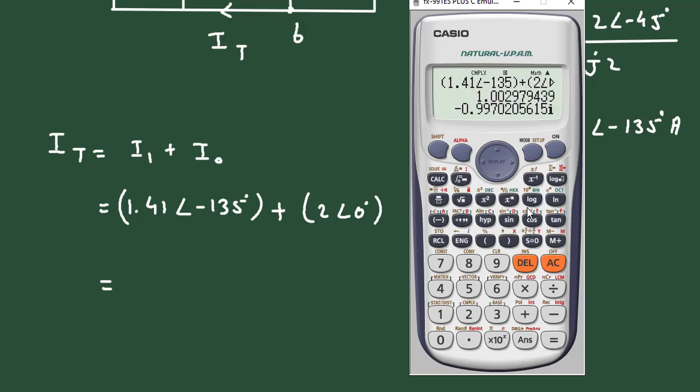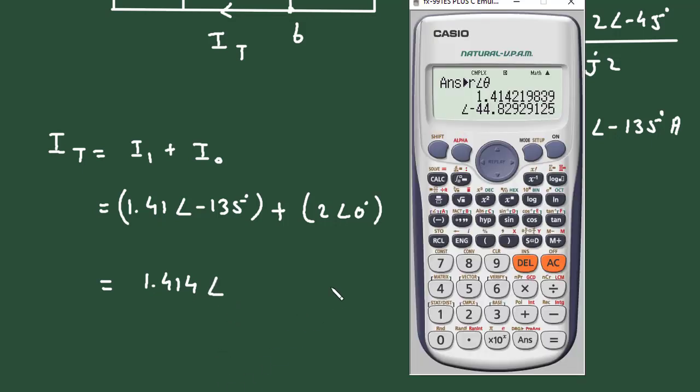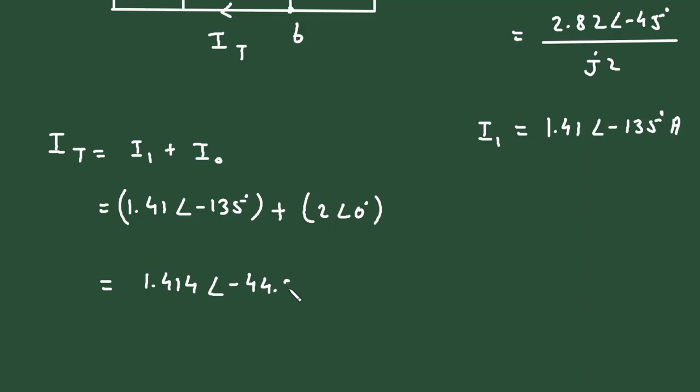So it is equal to this much in rectangular form. In polar form, this will be shift 2 3. So 1.414 at an angle minus 44.82 degree, and its unit will be ampere. So this is the answer for IT.